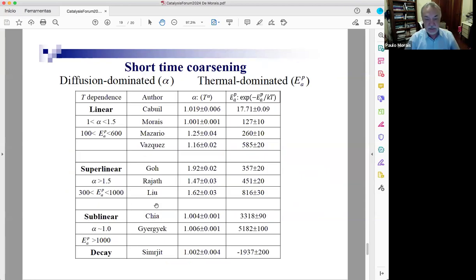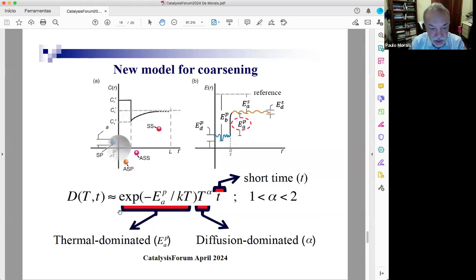So finally, there is a proposal for the coarsening process as a function of time and also as a function of temperature.